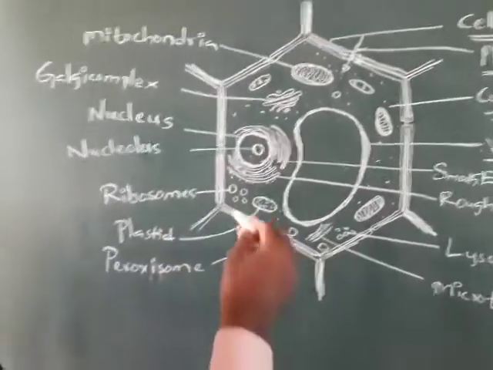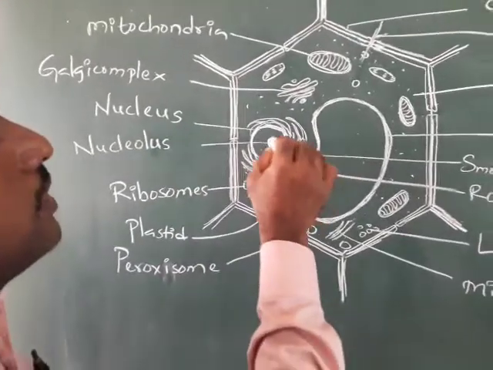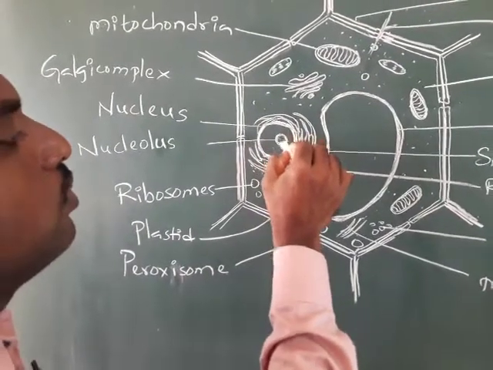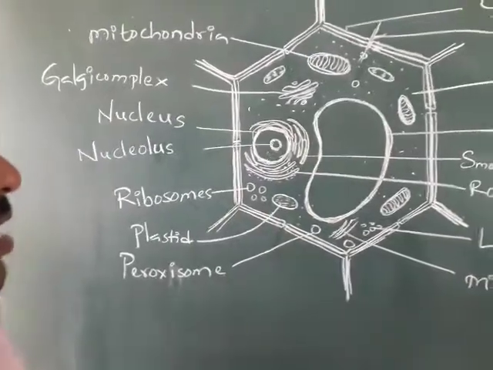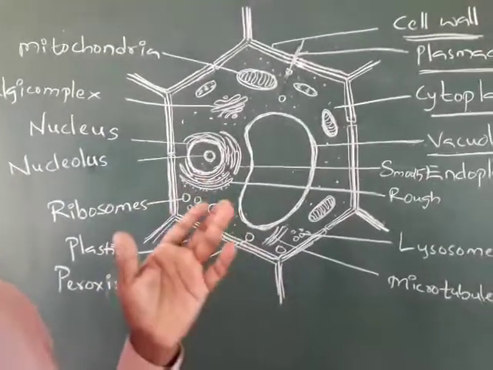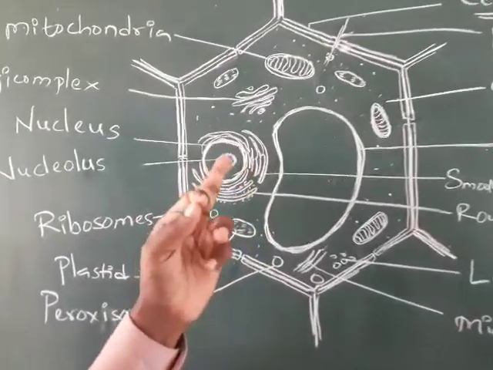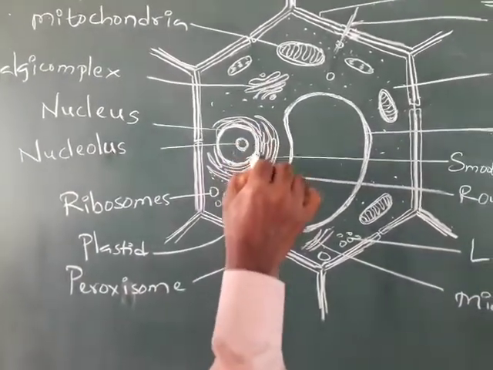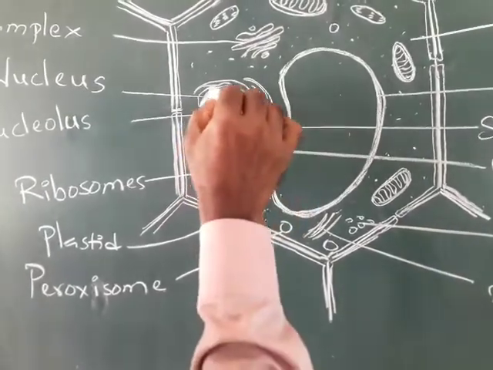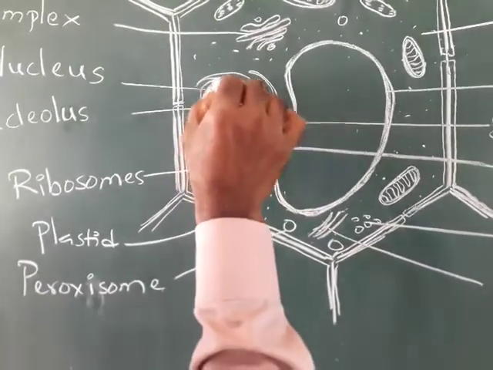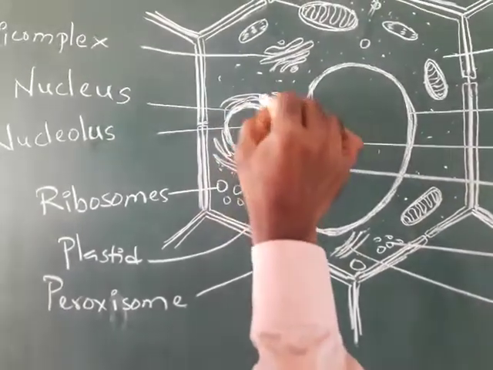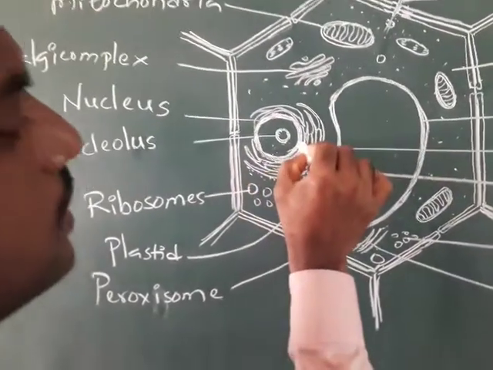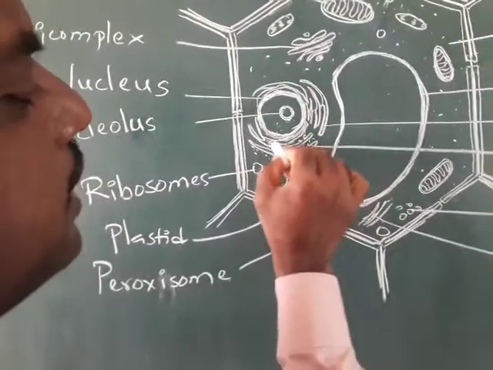The nucleolus is a hollow structure containing some fluid, RNA and some proteins. And this nucleus is enveloped by a membrane and surrounded by the endoplasmic reticulum.